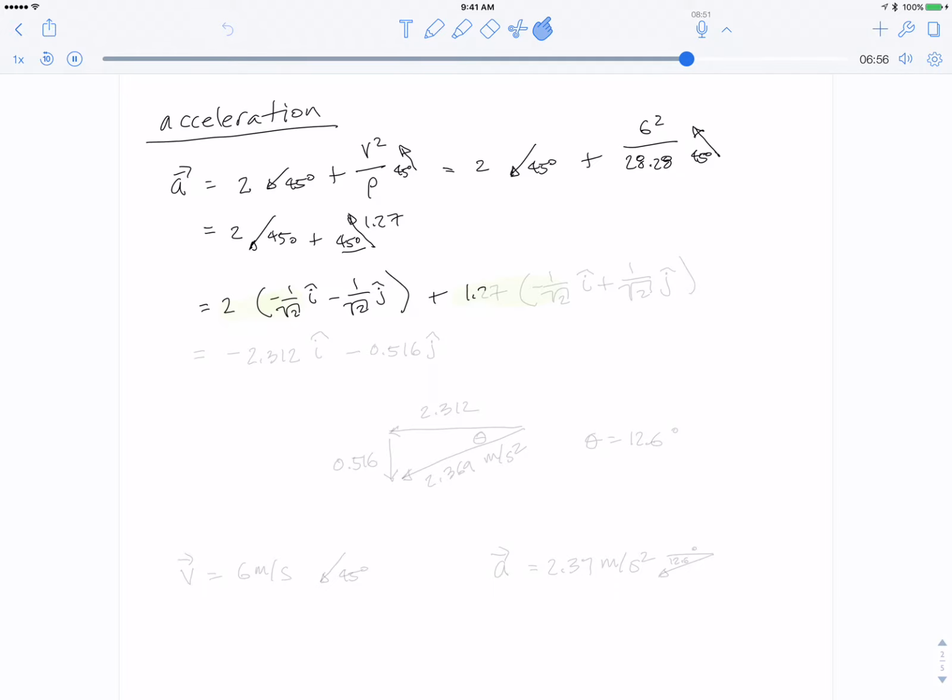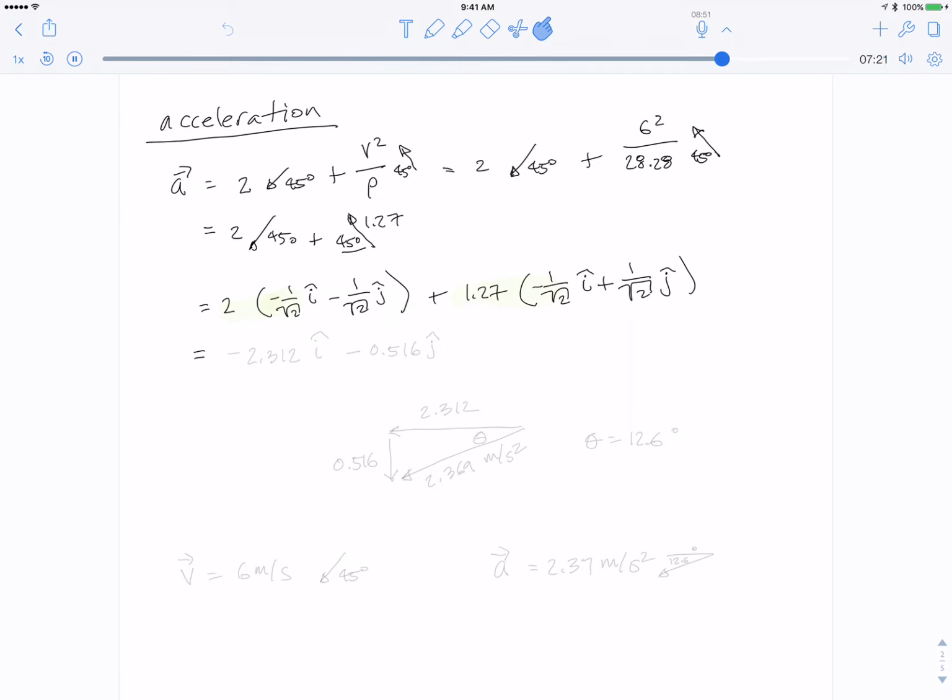Plus 1.27 times minus 1 over root 2 i plus 1 over root 2 j, and that's the unit vector going at 45 degrees up and to the left. And so all I'm going to do is collect all the i terms and the j terms, then we can figure out the length and direction.